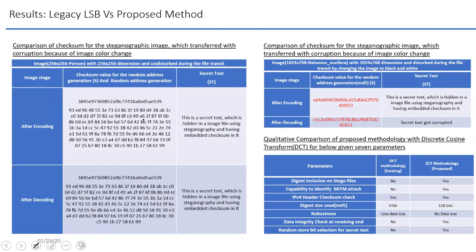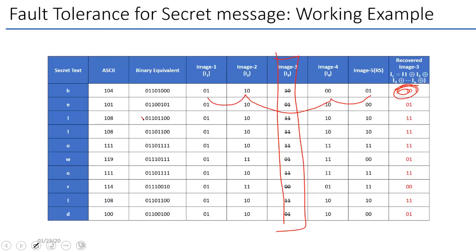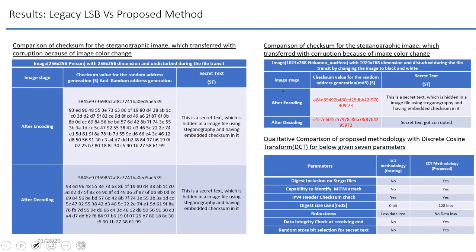And I've also integrated a check. How do you know that this value is not the right value? How do we detect that this image is already corrupted or went through the cryptanalysis attack? For that, I use a checksum technique, the MD5 checksum. Before I embed the secret text, I also calculate the MD5 hash value and store it as part of the transmission.